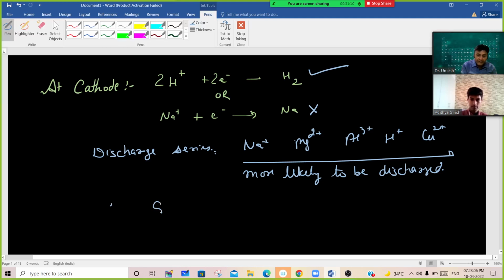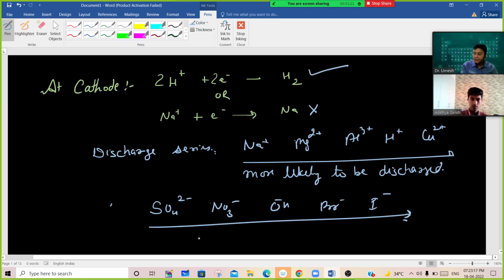And for the anions, sulfate ion, nitrate ion, OH ions, Br negative ion, I negative ion, more likely to be discharged.